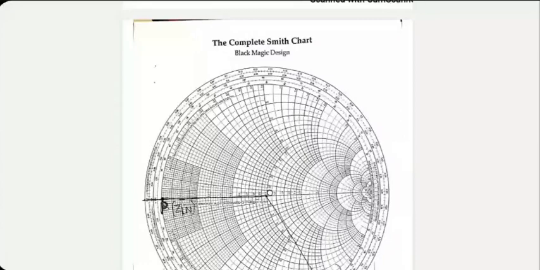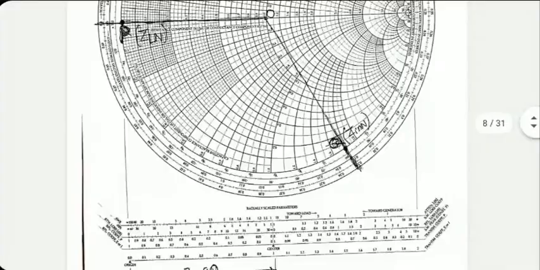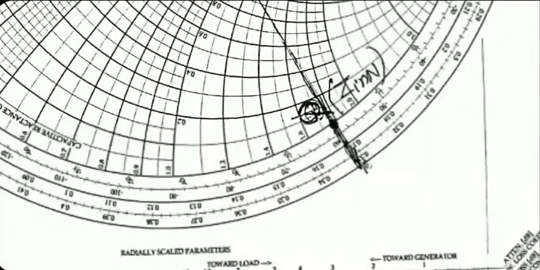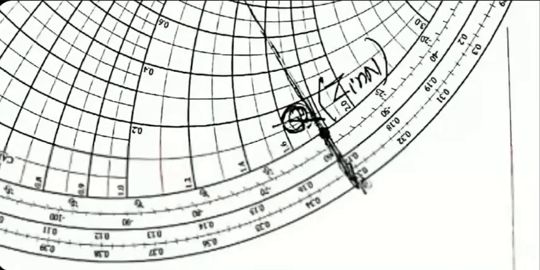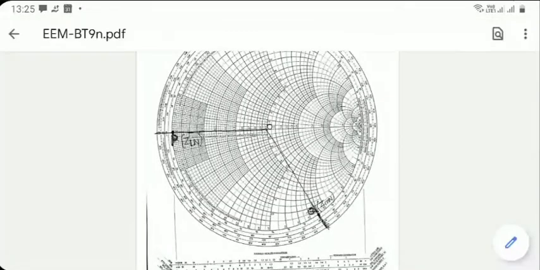Then another 0.08 is what I move, and I get this value here almost. 0.33 almost, yeah. So again, I join this point with the center of the chart and read the input impedance value by seeing which circles are passing through it.